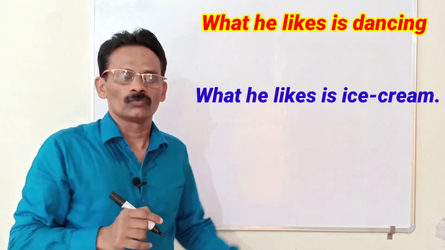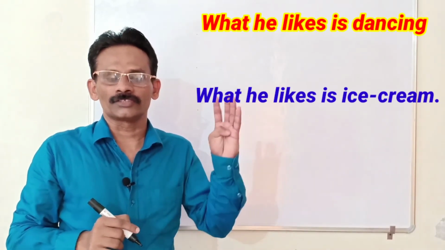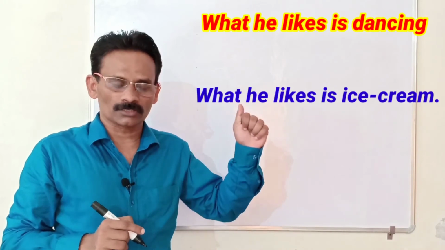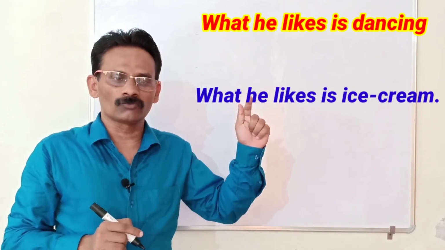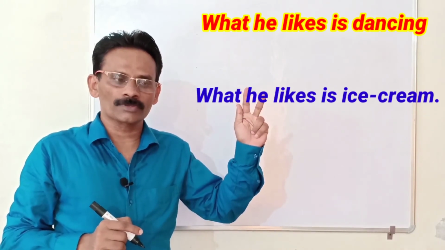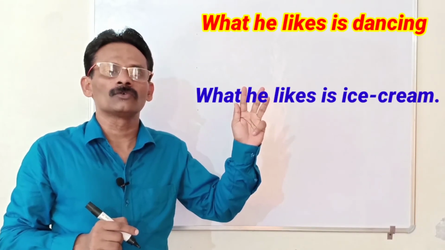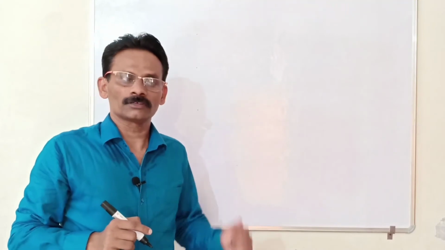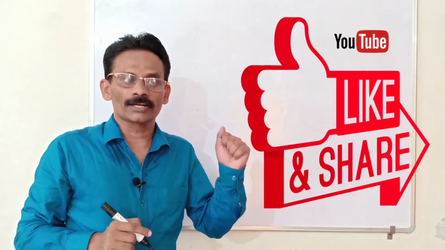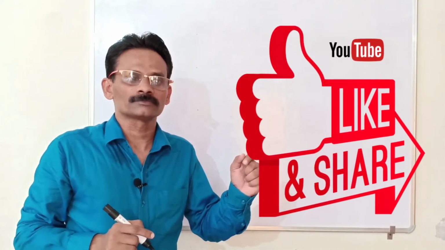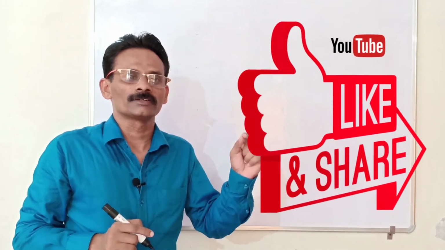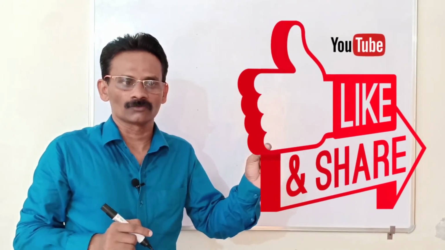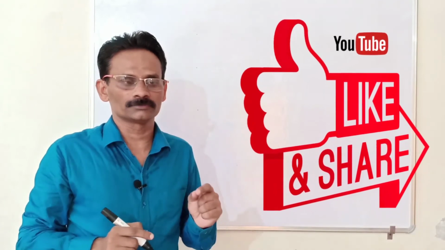So here we learn a gerund can be the subject of a verb, object of a verb, object of a preposition, complement to the verb of incomplete predication. Now remember, a gerund alone can come after the preposition when it is a non-finite verb.